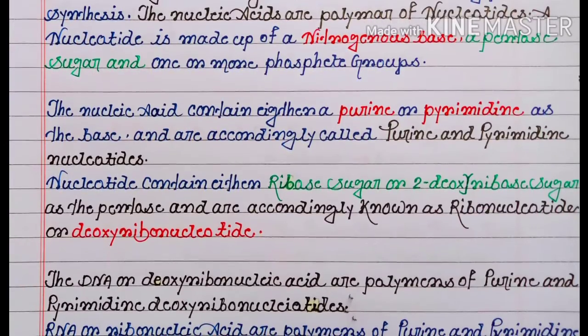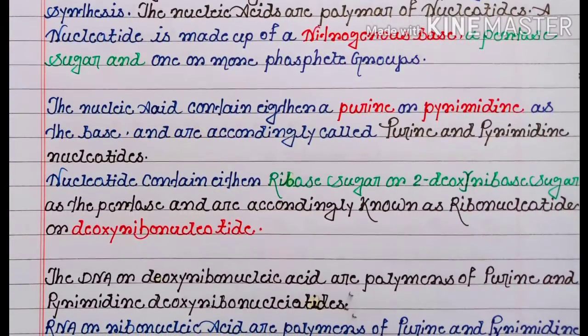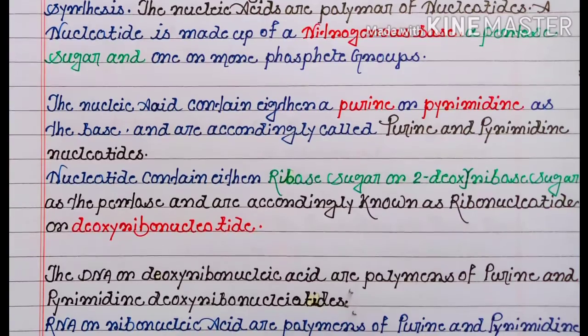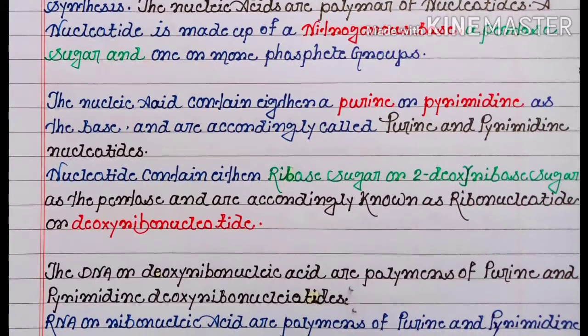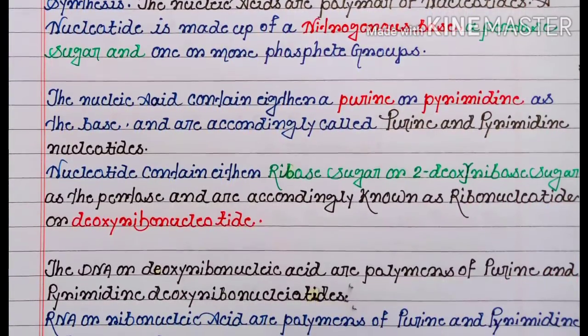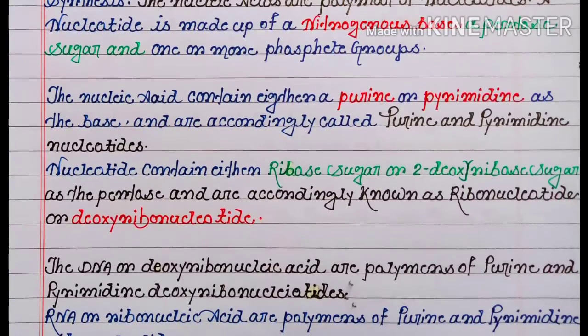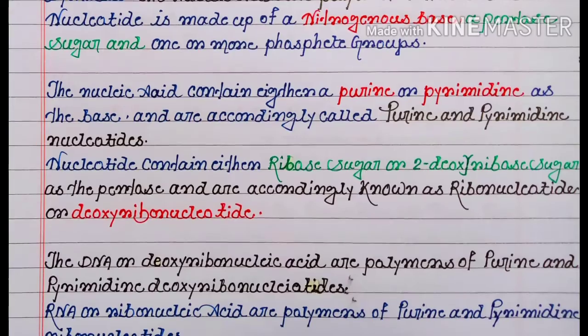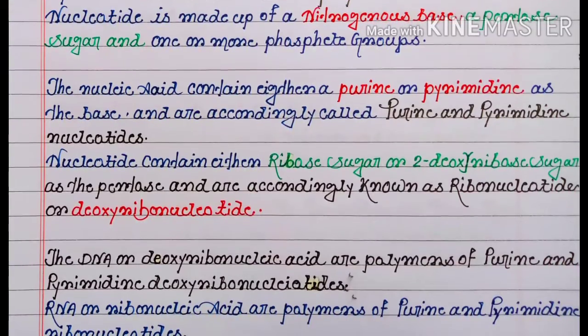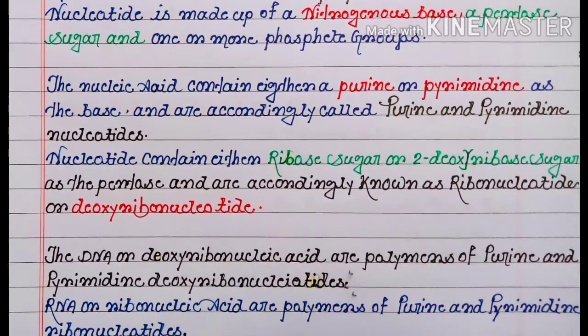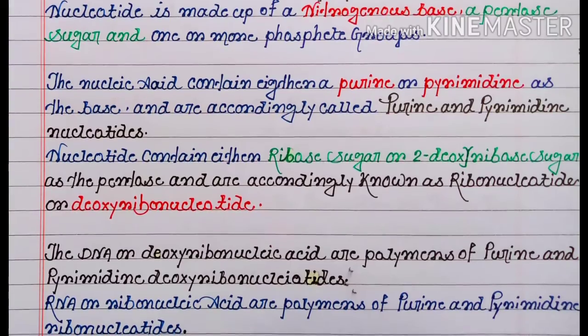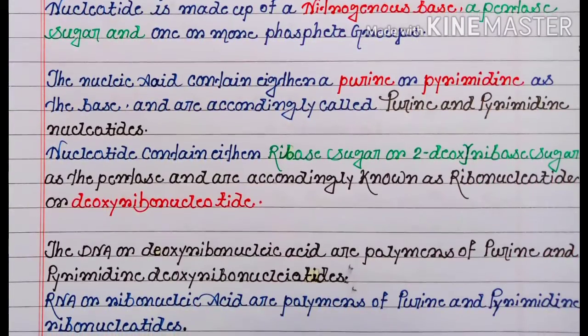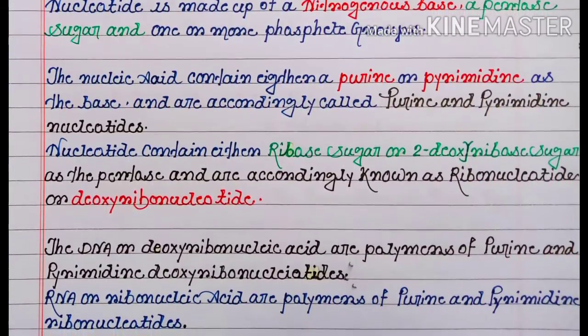The DNA or deoxyribonucleic acid are polymers of purine and pyrimidine deoxyribonucleotides, whereas the RNA or ribonucleic acid are polymers of purine and pyrimidine ribonucleotides.